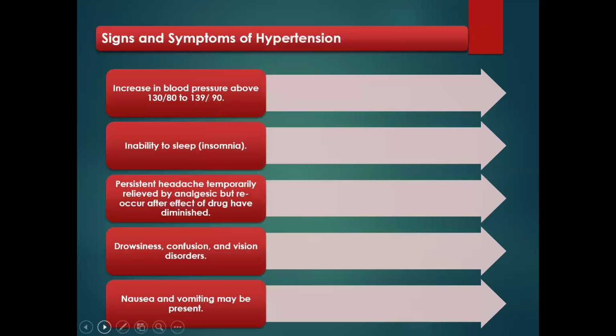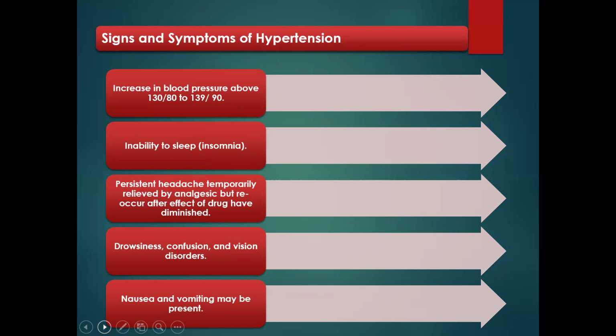Signs and symptoms of hypertension: one, increase in blood pressure above 130 over 80, to 139 over 90 millimeters of mercury. The person has insomnia, inability to sleep, because the person's heartbeat will be beating and the person will be hearing it and feeling the palpitation. Persistent headache that is temporarily relieved by analgesic but reoccurs after the drug effect has disappeared.